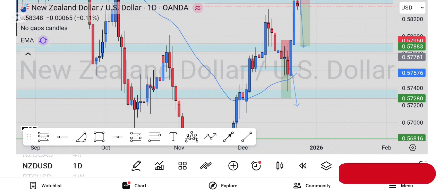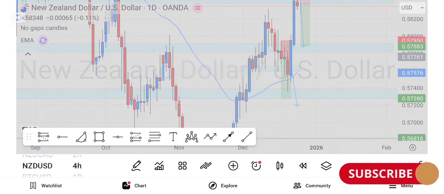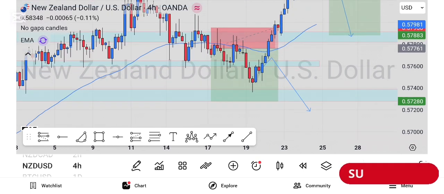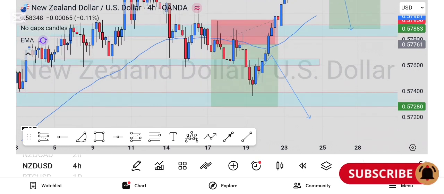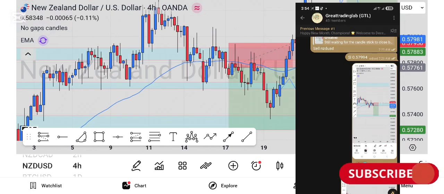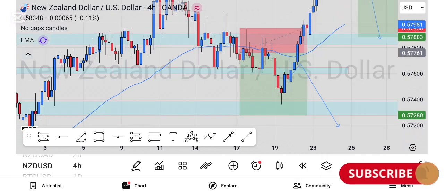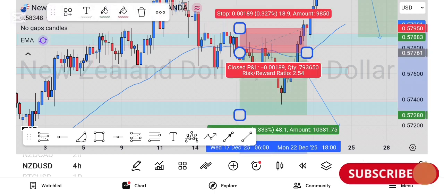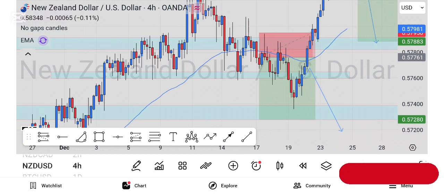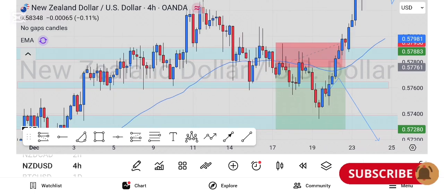When I first dropped this trade on my free Telegram, as you can see on the screen, we were bullish on this NZDUSD. It was like a counter trade. I think we were expecting a break from here.